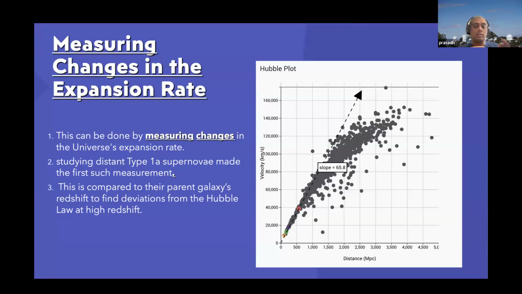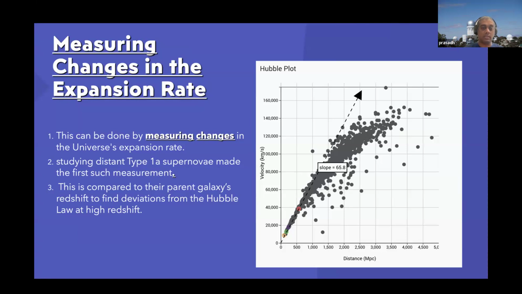And I also want to emphasize that these are not the only methods that we are going to use to measure distances. There are other methods called Tully-Fisher relations, and there are intermediate methods like star clusters and main sequence methods. There are a number of other methods that you use to measure the distances.